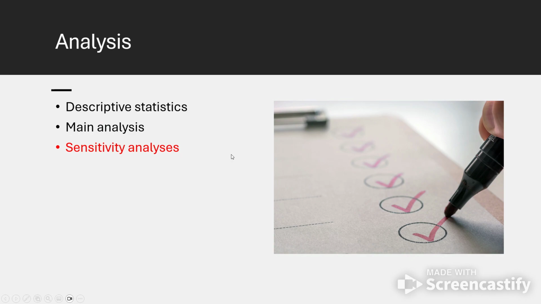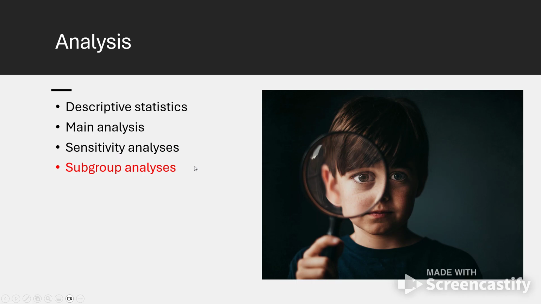And you might have a number of these. Sometimes they involve different approaches to missing data. A subgroup analysis is slightly different. A subgroup analysis is where you found an effect in the main analysis. So say paracetamol was associated with a much better survival, and you want to zoom in on particular groups and see how the effect differs between those groups.